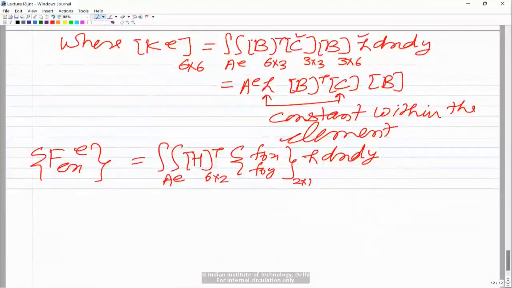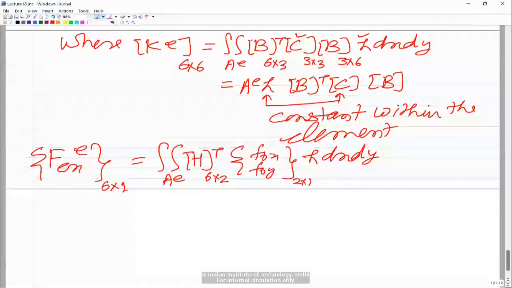So ultimately this is going to be a 6 by 1 vector, that is 6 rows. Of course, here H is not constant, H is a function of x and y. So the integral has to be carried out accordingly. You have to put the values of L1, L2, L3 as functions of x and y, and then carry out this double integral.